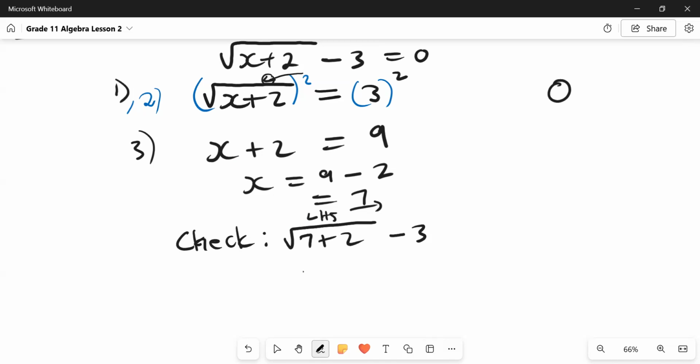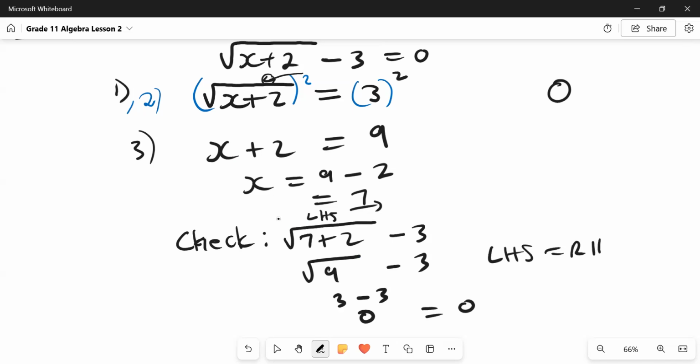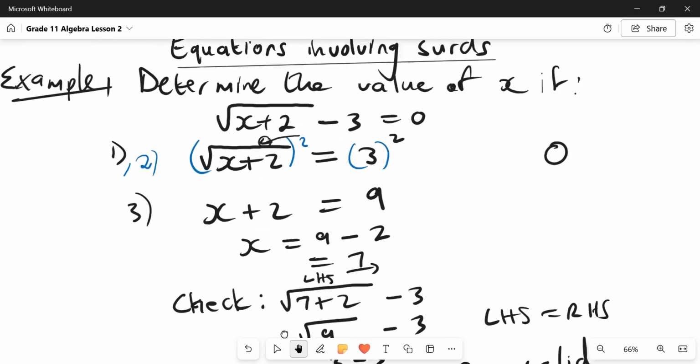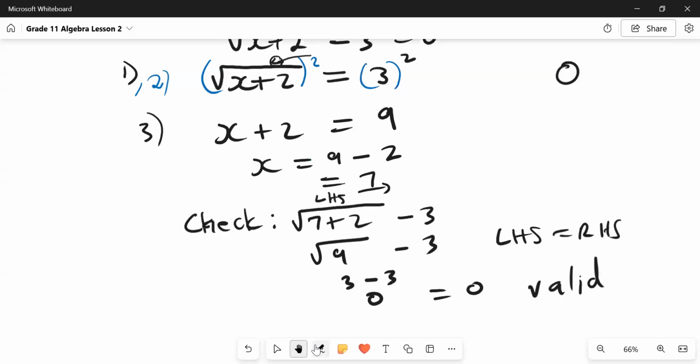This is root of 9 minus 3. Root of 9 is just 3. 3 minus 3 is 0. So 0 and 0 are equal, which means the left hand side is equal to the right hand side, which means this answer is valid. That's how we go about checking your final answer, right? I hope we understood that part.